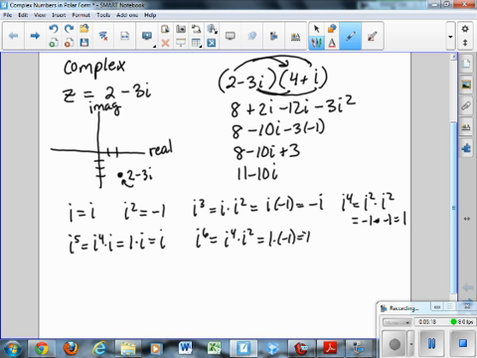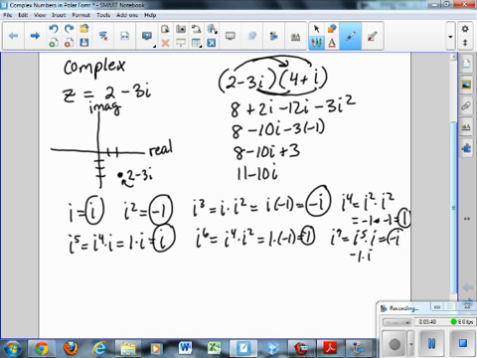So here we have i, -1, negative i, 1. Here we have i, -1. i to the 7th is going to be i to the 5th times i. That's going to be -1 times i, which is -i. So there we go again. It just repeats, it cycles.